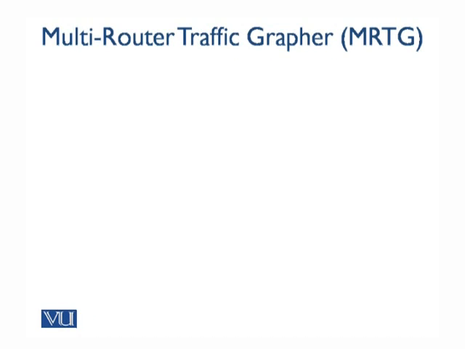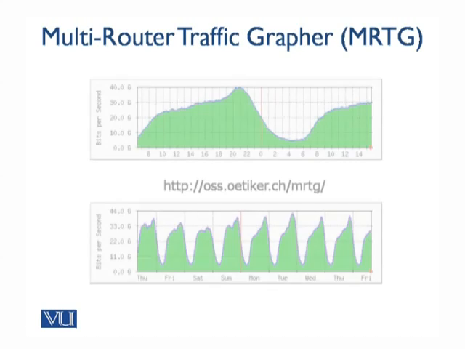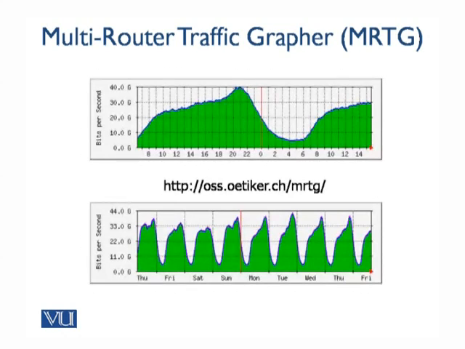MRTG is a shortened form of Multi Router Traffic Grapher, and this is a very nice package because it builds nice pretty graphs in PNG and GIF format, so it's fairly lightweight, and these are already embedded into web pages. It's actually very easy to implement. You just create a configuration, and that is also done through Perl scripts, which is automated.